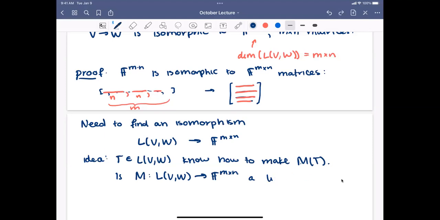Or I guess we want to show more than that it's a linear map. We want to show that this is an isomorphism.